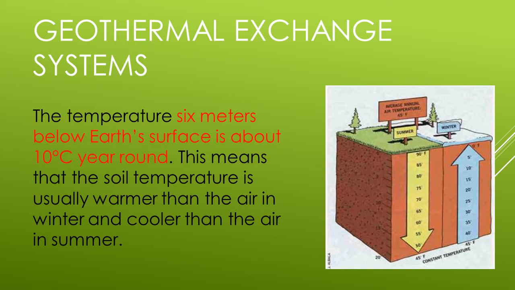So that constant temperature is not going to change whether it's 90 degrees Fahrenheit in the summer or 0 degrees Fahrenheit in the winter. And that's going to be unique. Let's check it out.